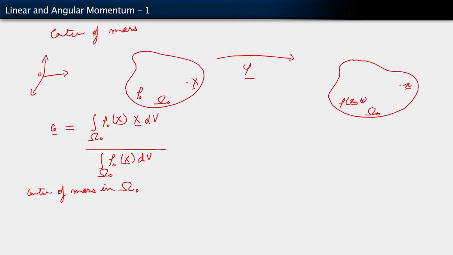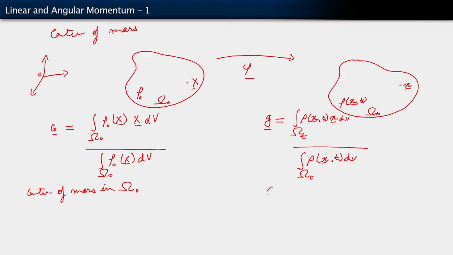Here we have the center of mass defined similarly, but just via integrals over the current configuration. So rho multiplied by x d little v, divided by the mass, which of course is the same, but still we are going to write this mass explicitly as an integral of the current density over the current volume.